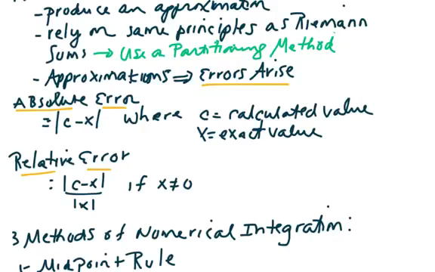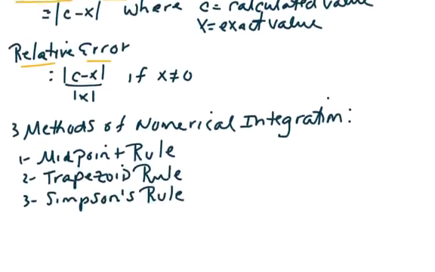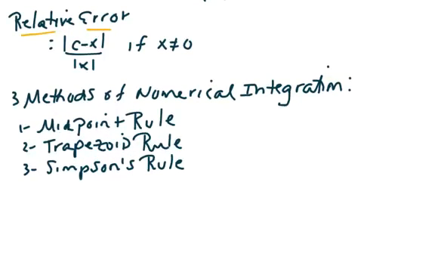So I will ask you to compute the errors incurred using the three techniques that I'm going to show in this video. There are basically three methods of numerical integration that we're going to touch on. The first is the midpoint rule, which should be secondhand to you because it's really a midpoint Riemann sum. The second is the trapezoid rule, and lastly is Simpson's rule.